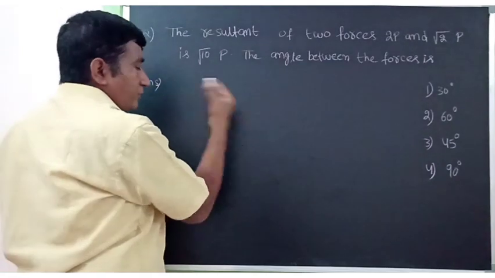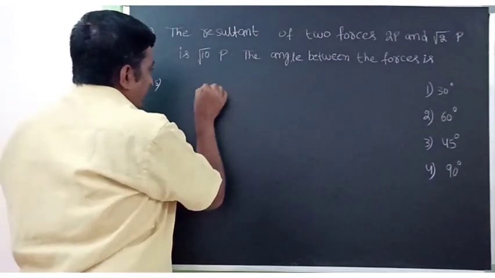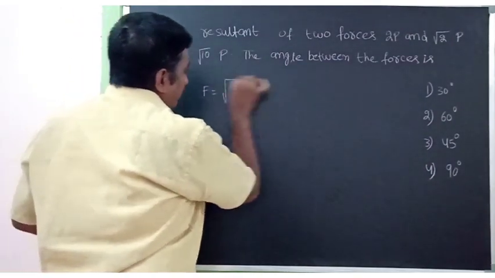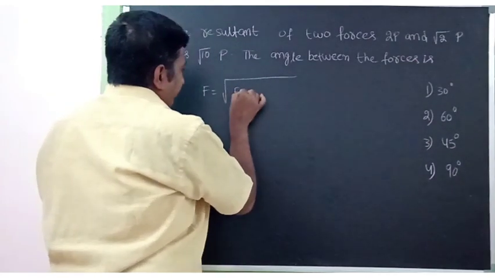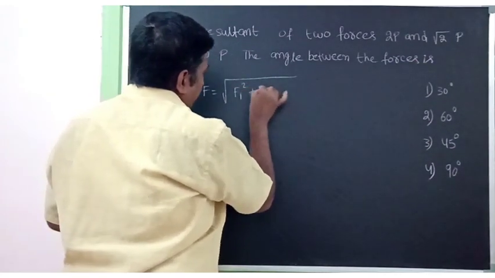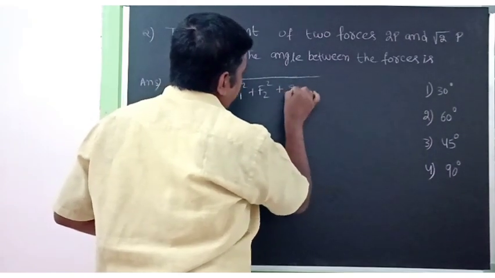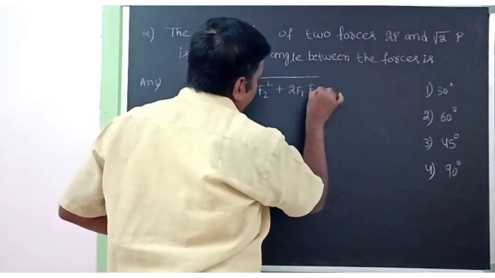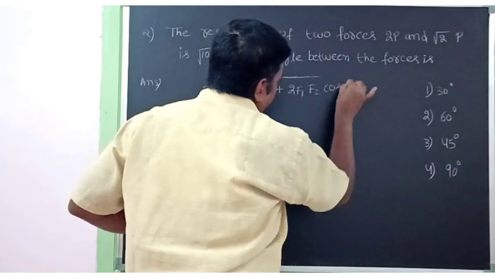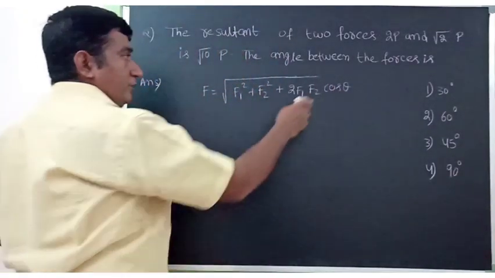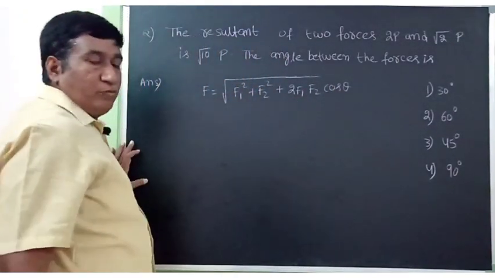So with the help of this, from the parallelogram law of vectors, I can write F is equal to root of F1 square plus F2 square plus 2F1 F2 cos theta. This theta value we should have to find.